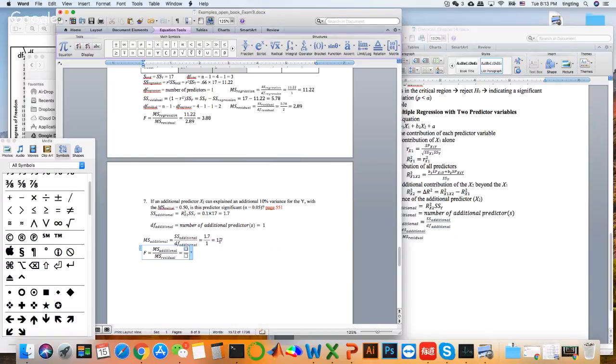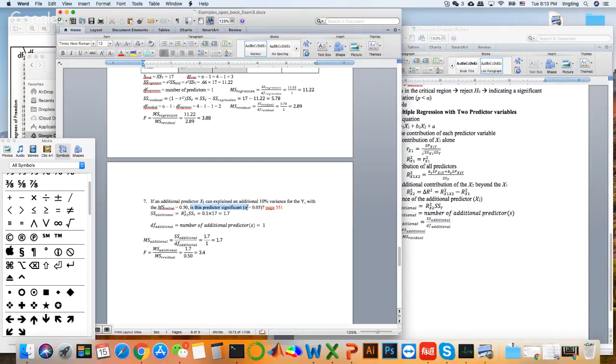Put this number here. And then we have this number here, right? So it's 3.4. And then we want to make the prediction: is this predictor significant?